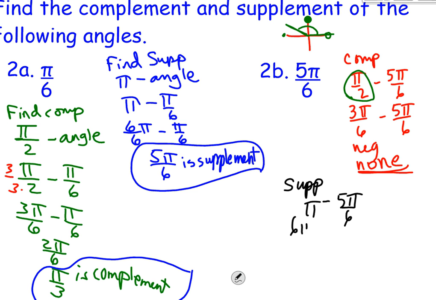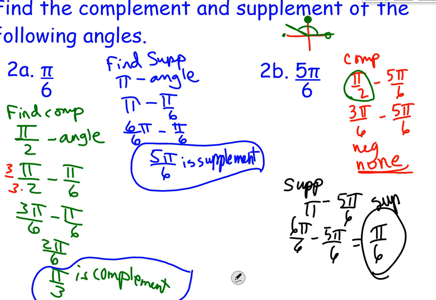So 6 pi over 6 minus 5 pi over 6, which is equal to pi over 6. So it has a supplement, but it has no complement.